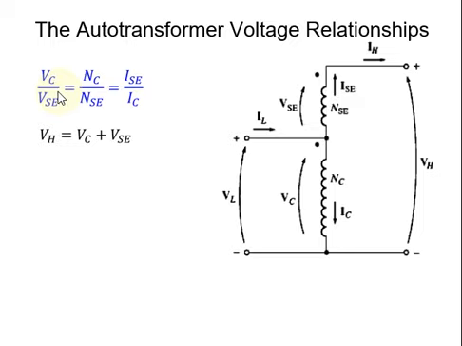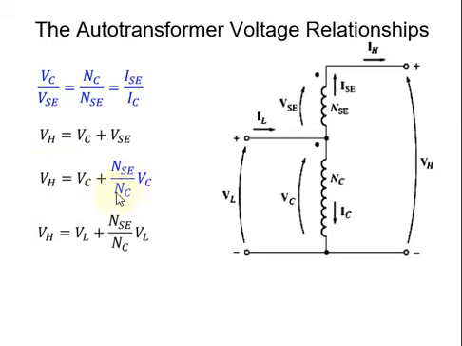So as we know, VH, which is on the output side, is equal to VC plus VSE, the voltage across the common winding and the voltage across the series winding. Now we put the value of the series winding voltage from the relationship shown in blue. So we substitute the value of VSE and we get this equation.